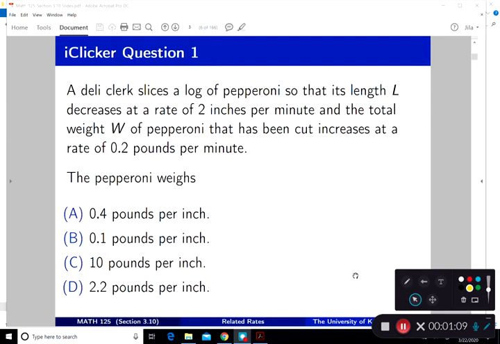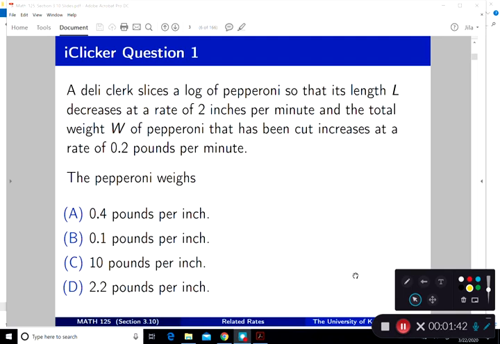And so if two quantities are related, then so are their rates of change. So let's start with iClicker question 1. A deli clerk slices a log of pepperoni so that its length L decreases at a rate of 2 inches per minute, and the total weight W of pepperoni that has been cut increases at a rate of 0.2 pounds per minute.